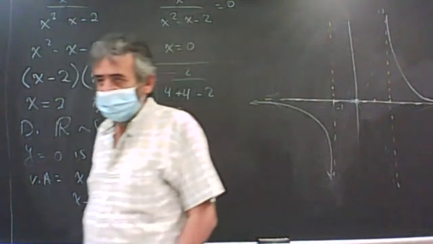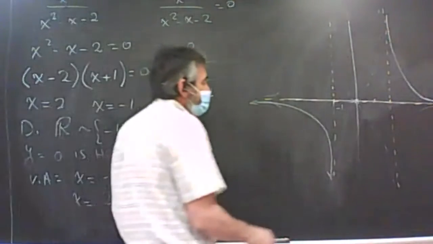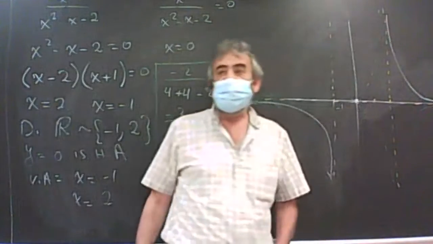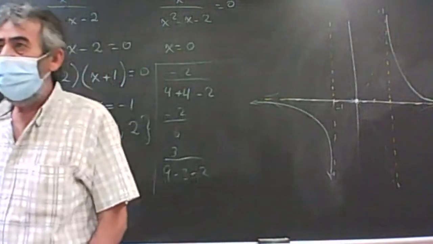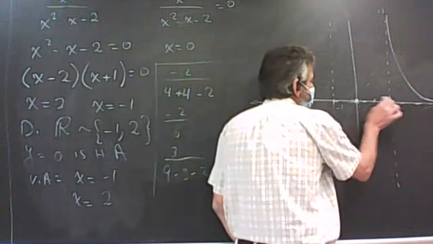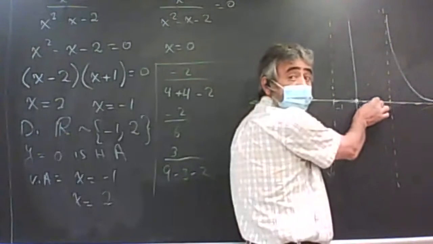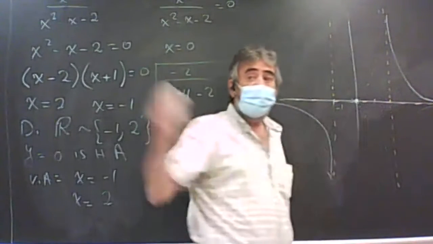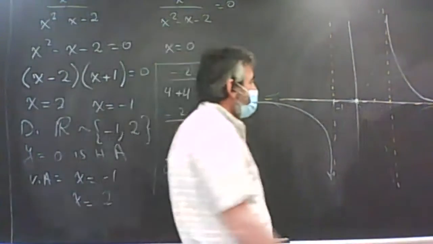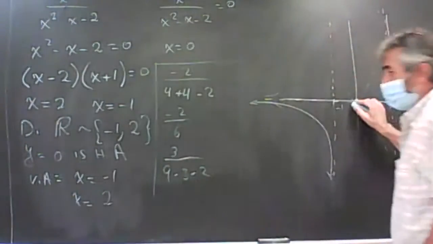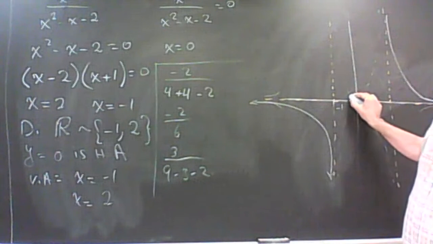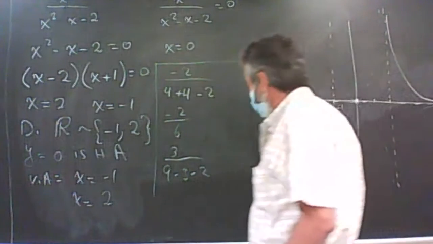Yeah? So I know on this, it's going to go through this point. That's for sure. Yeah? First, I'm going to take a point in this area. Say 1. Yeah? And I'm going to put it there and see what I get. So am I going to be coming from here down, or am I going to be going from here up? Let's figure that out.